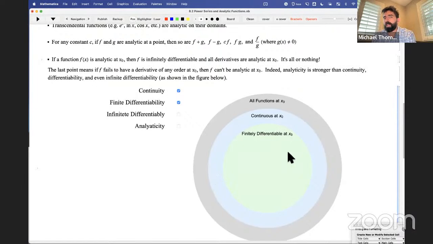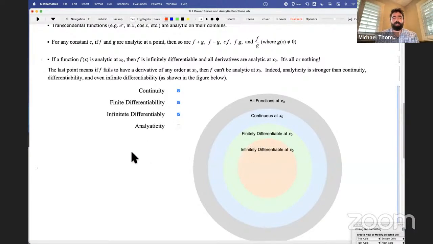It's because it's a subset of continuity. If you're in the green area, then you're definitely in the blue area. In other words, it's stronger to be differentiable than it is to be continuous. It's a harder quality to have. Well, some functions are actually stronger than finitely differentiable, and that would be infinitely differentiable.